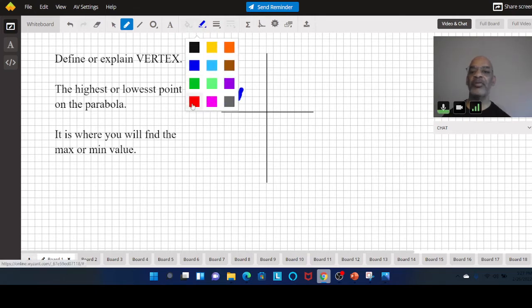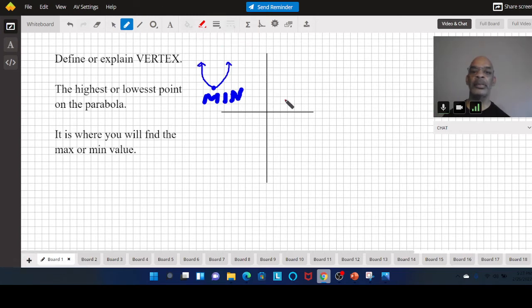And if you have a parabola opening down, the vertex will be located here as a maximum value.